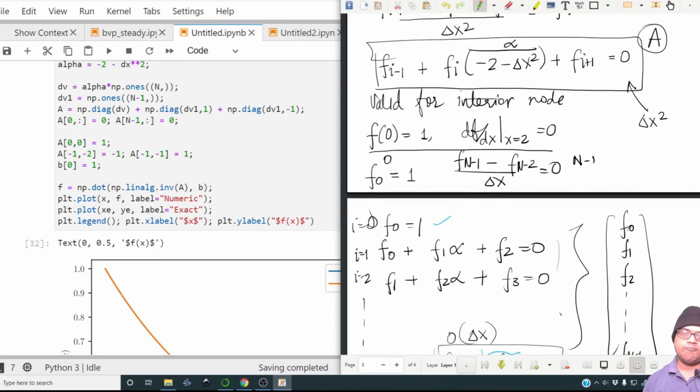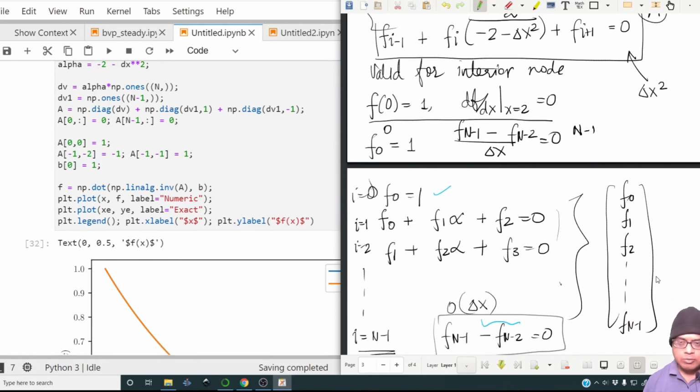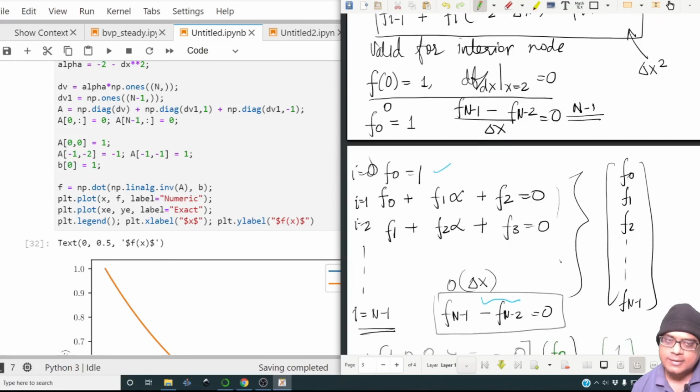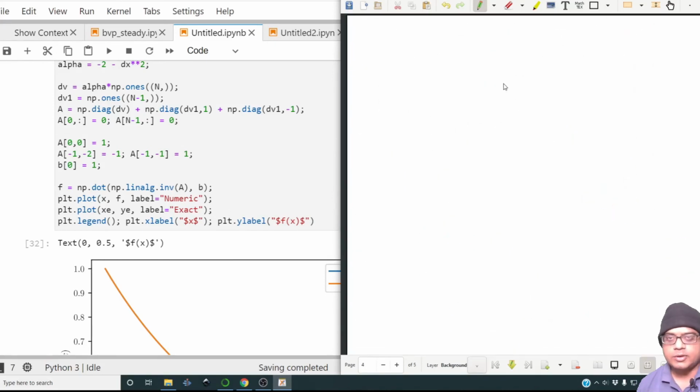So we must now come up with an approximation of the boundary condition at the n minus 1th node which is order delta x squared. And the way to do it is again a central difference scheme. So you have the n minus 1th node, you have the n minus 2th node. Now we have to imagine a ghost node, say the nth node.